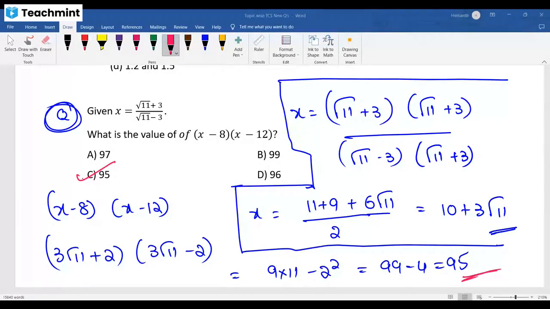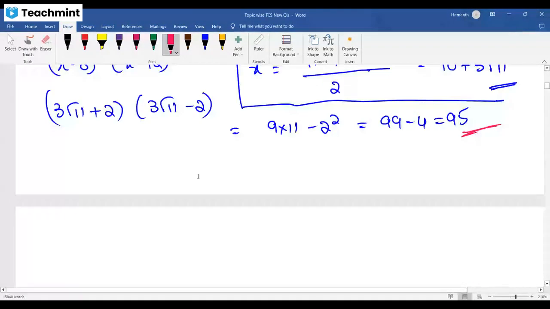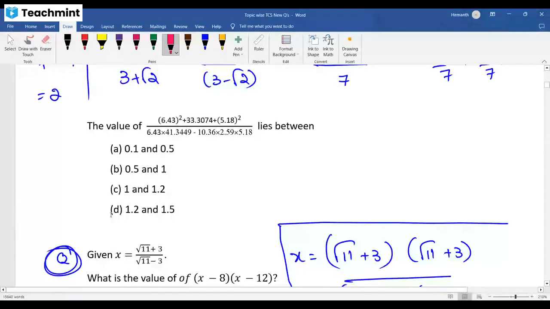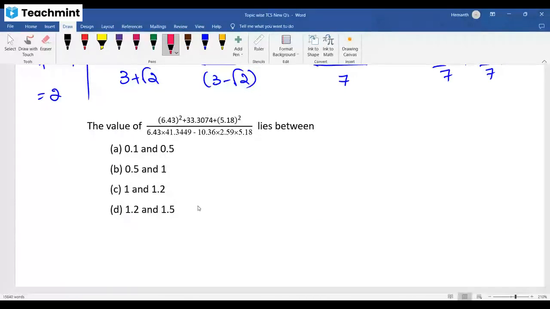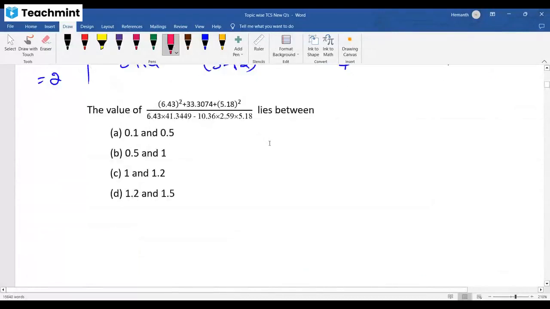Guys, I hope you learned something in this session. Now we'll go for one more question. If that is the case, solve this one, please. Last question for today. Today we focused more on the simplification topic.